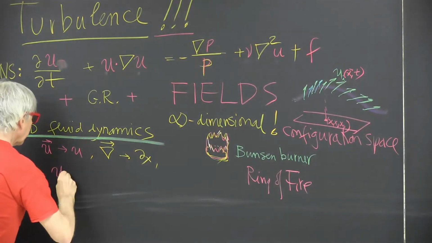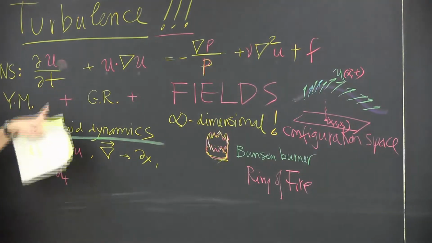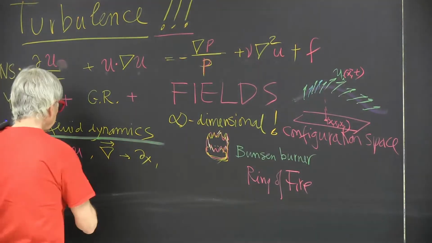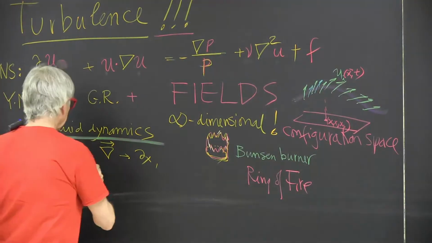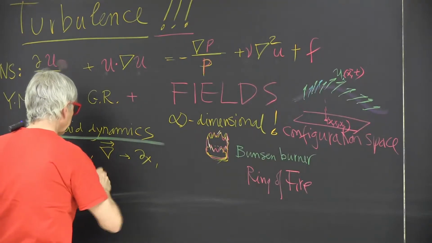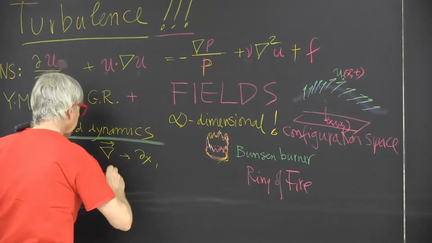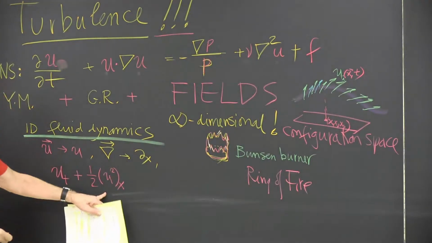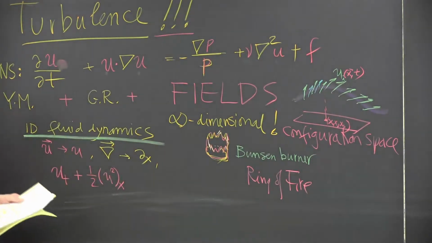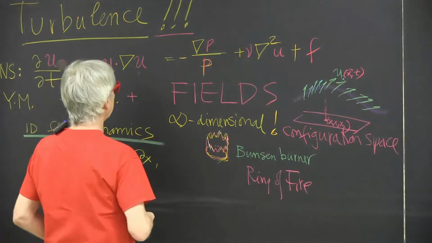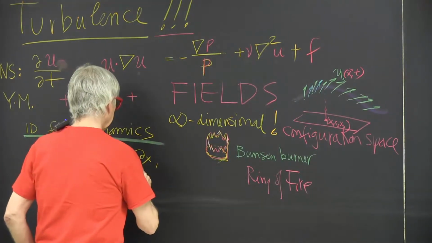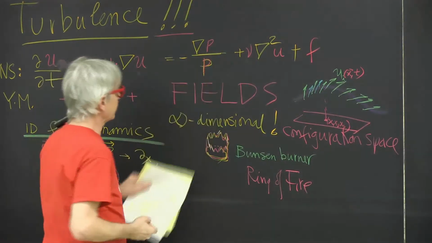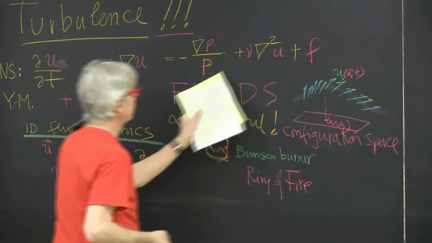It has this gradient term, and the square of the function, if I expand it, will look exactly like that, just in one dimension. Then there'll be no pressure, but there will be a Laplacian of this form.